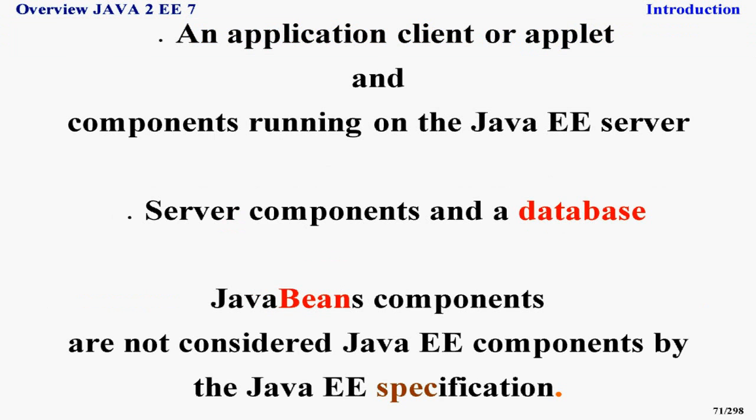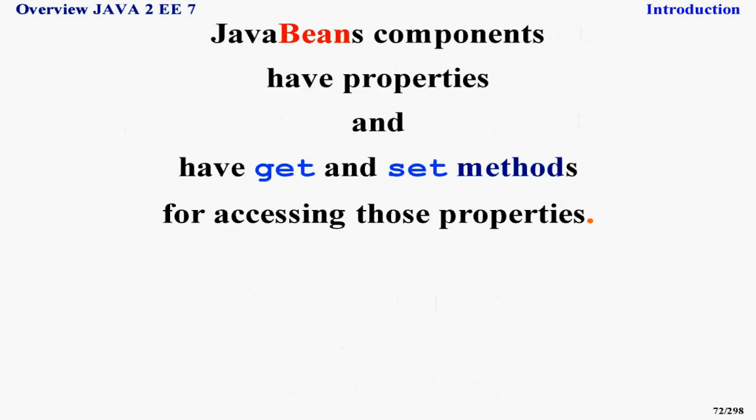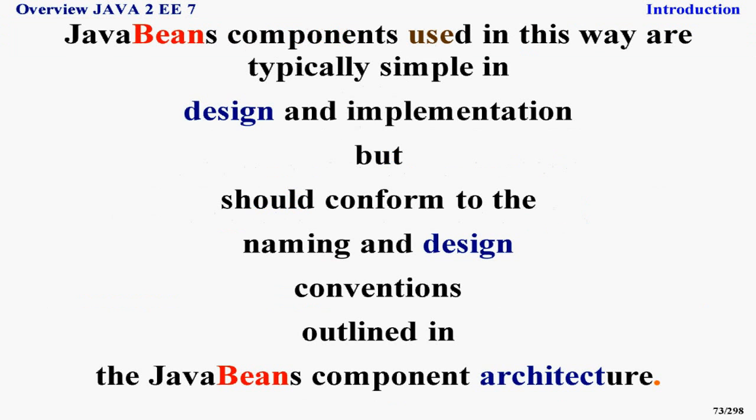JavaBeans components are not considered Java EE components by the Java EE specification. JavaBeans components have properties and have get and set methods for accessing those properties. JavaBeans components used in this way are typically simple in design and implementation but should conform to the naming and design conventions outlined in the JavaBeans component architecture.